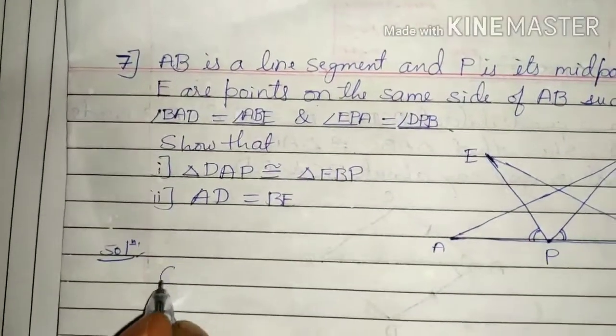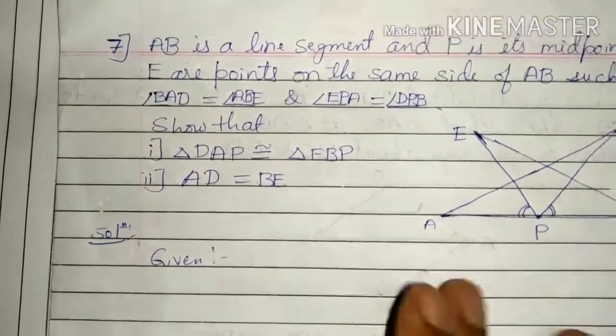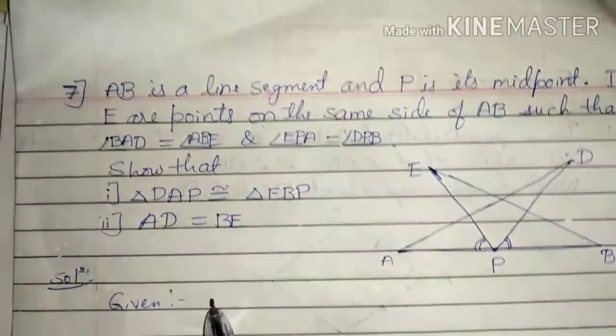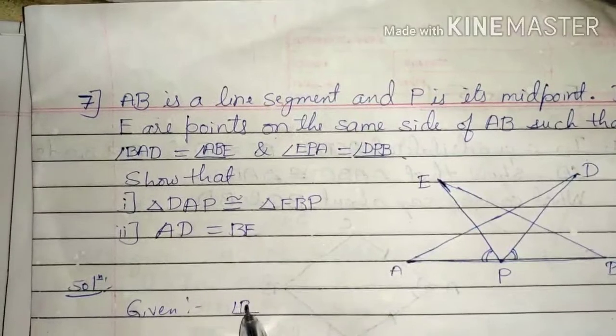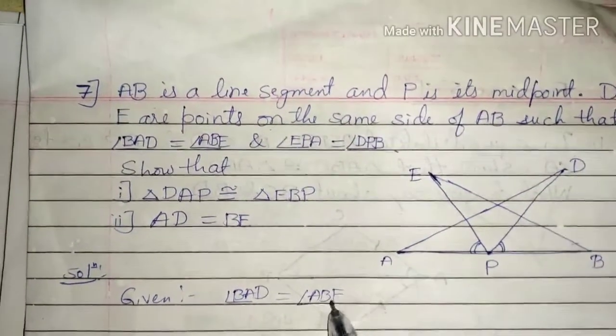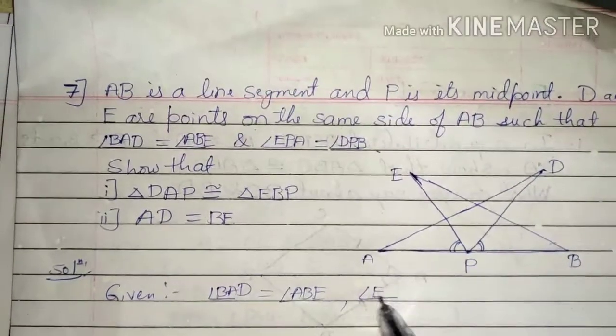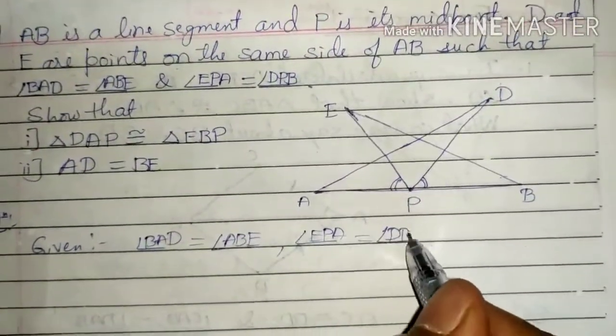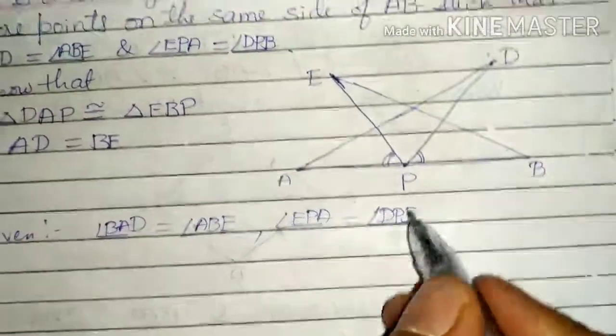So first we will write the given things. What is given: two angles are equal. Angle BAD is equal to angle ABE, also angle EPA is equal to angle DPB is given.